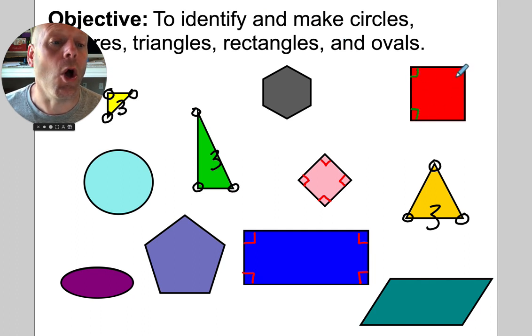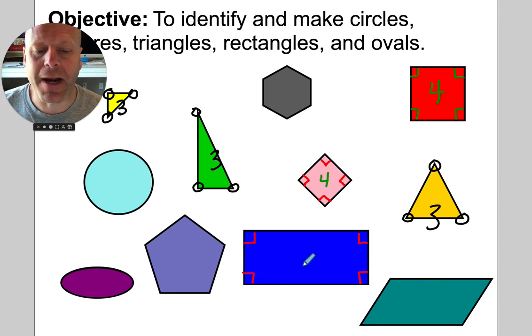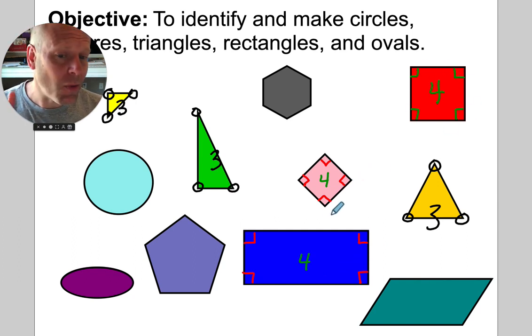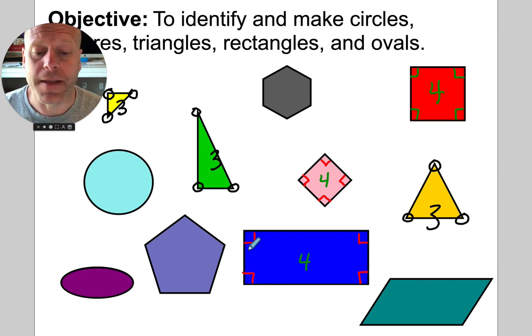So these would all be considered quad, 4-sided shapes, right? They might have different names. This is a square. This is another square. However, someone might say that is a shape like a diamond. And this is a rectangle. We could talk about how they're the same and how they're different.